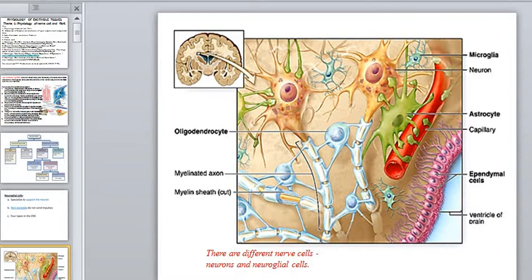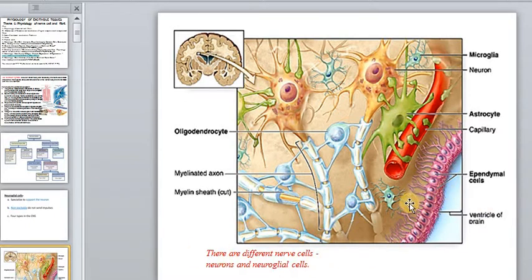Central glia is divided into macroglia and microglia. Macroglia are oligodendrocytes, astrocytes, and ependymal cells. Peripheral glia are Schwann cells and satellite cells.